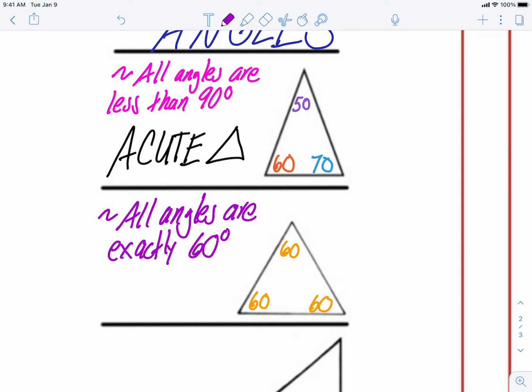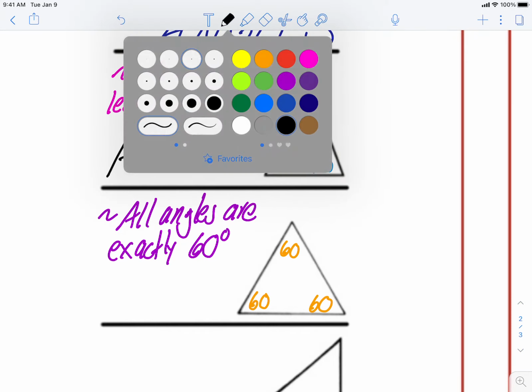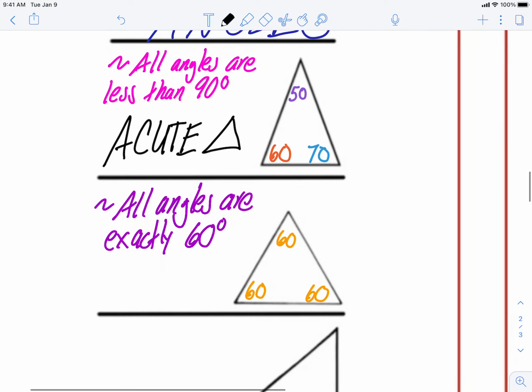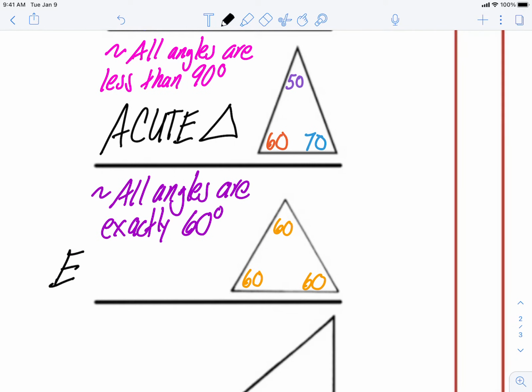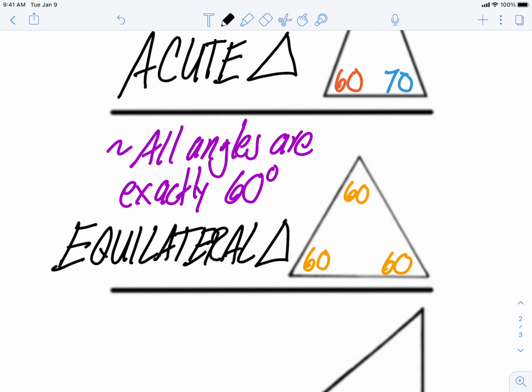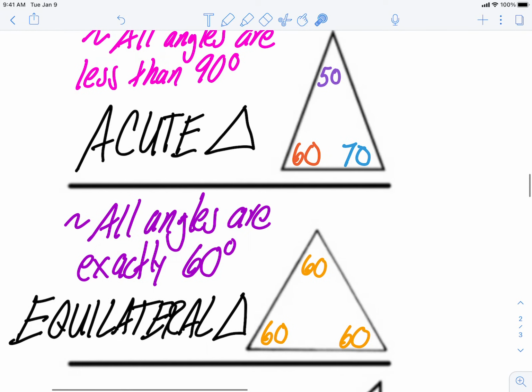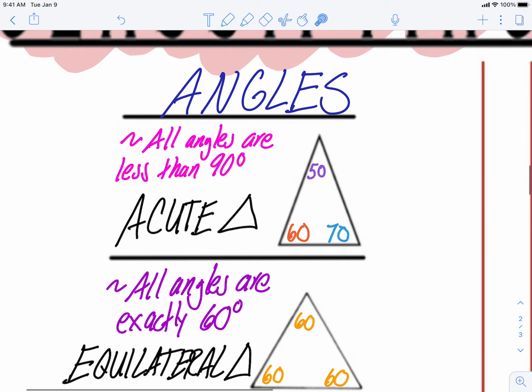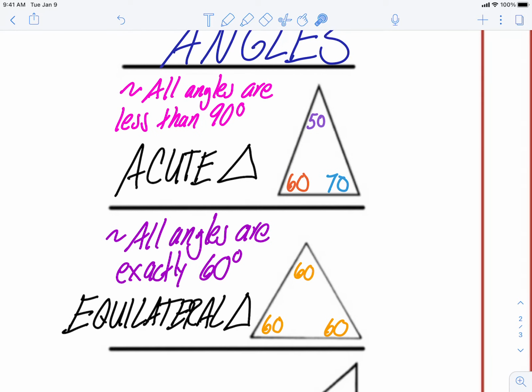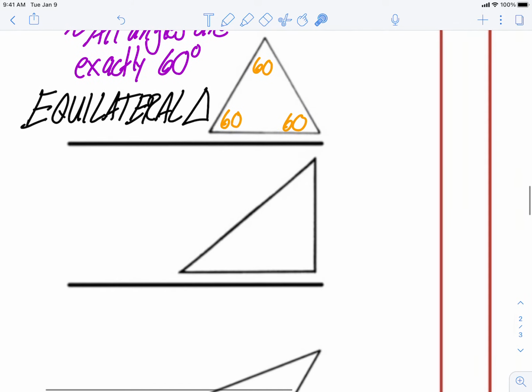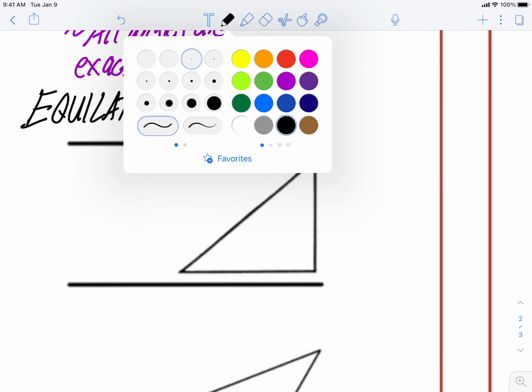If all angles are exactly 60 degrees, this is what we call an equilateral triangle. All angles are exactly 60 degrees: 60, 60, 60. So those are two so far. What other way can we identify triangles here?